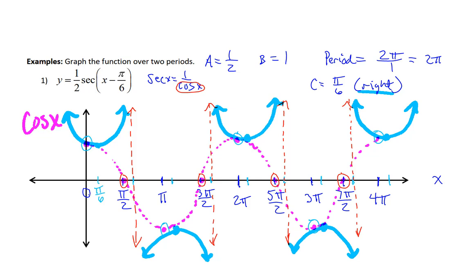Now, a quick little note, because you'll be wondering about this, and I want to clear it up right here. So notice that when we did the shifting of pi over 6, we just kind of took all the tick marks we had and just kind of nudged them a little bit to the right to represent that little pi over 6 shift going on, right? And I just said, just kind of figure out how much space it is and move them all the same amount of space to the right.